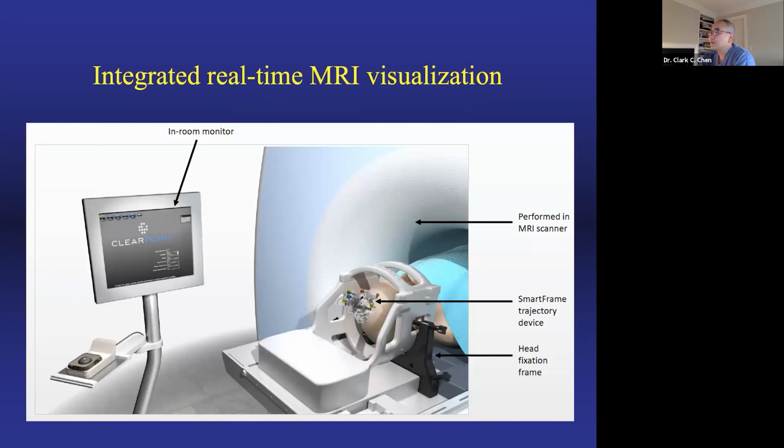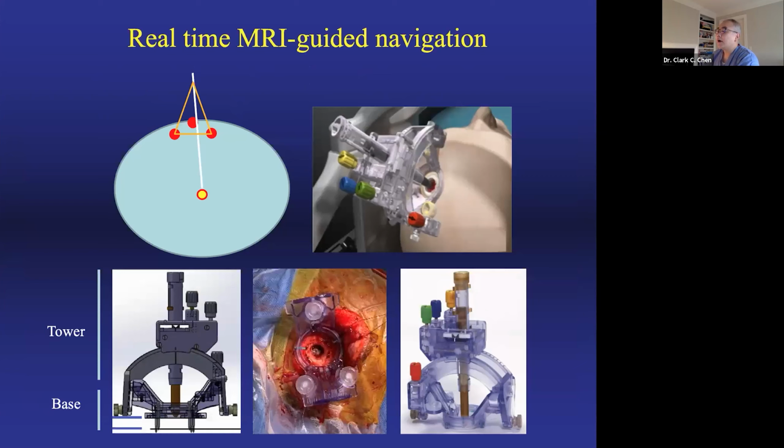The ClearPoint system is an integrated system whereby there is a software algorithm that will take in real-time images based upon a stereotactic MRI compatible frame that is mounted onto the patient's head. Now, the frame that's mounted, as you can see here, has two components.